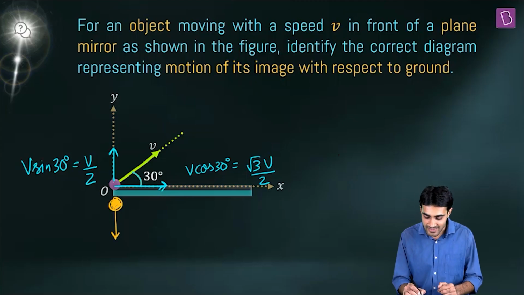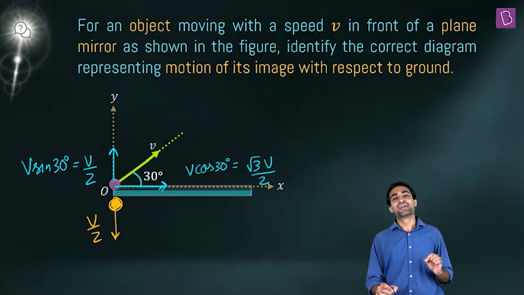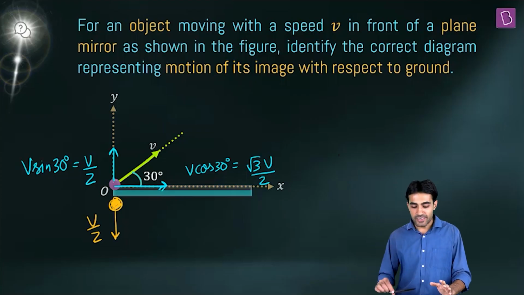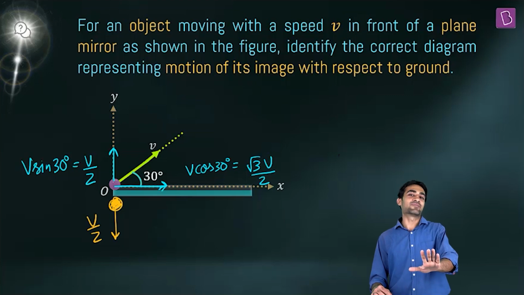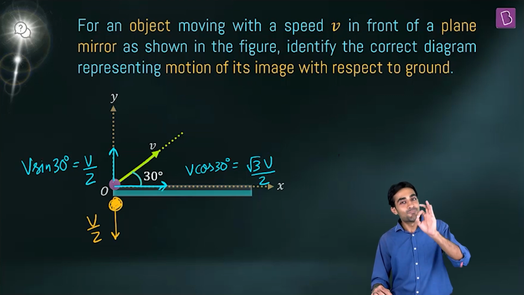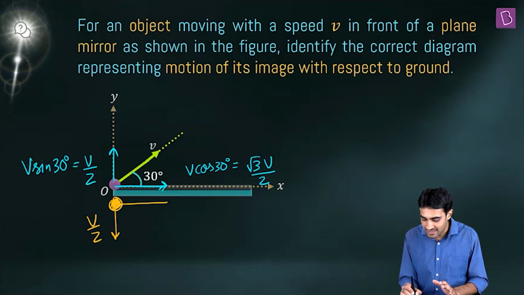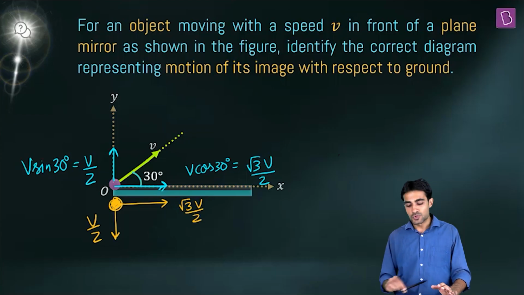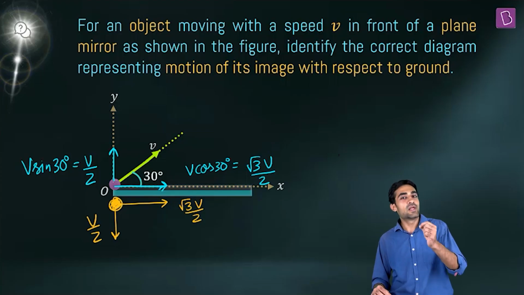So you can see this is v by 2, but in the other direction. And what about the component which is parallel to the surface of the mirror? That will remain the same. Direction will remain the same, magnitude will remain the same. So this is nothing but root 3 v by 2. Only the component which is perpendicular to the surface of the mirror will get reversed.